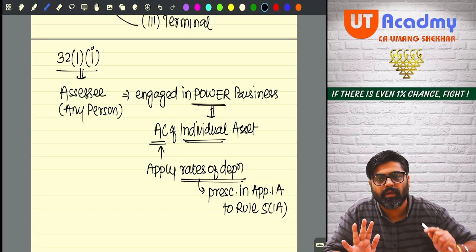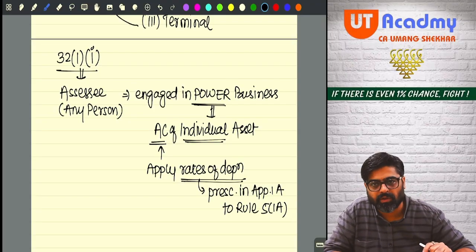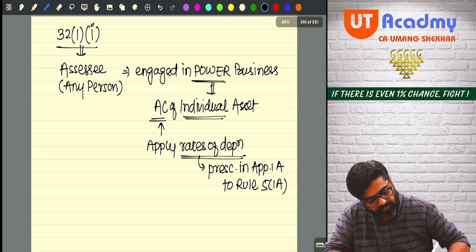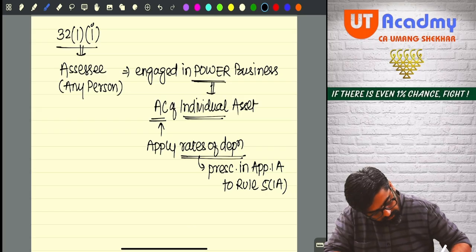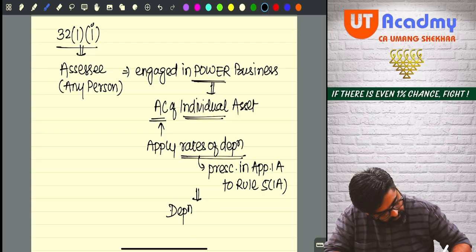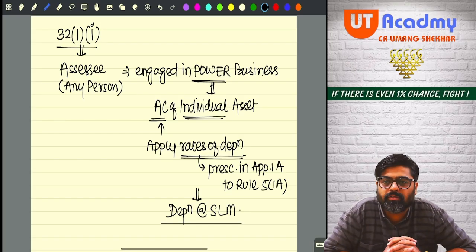Yes or no? Take that rate, apply that rate on the actual cost of that asset, and by applying that rate on the actual cost, the depreciation will be calculated and will be allowed on SLM basis.